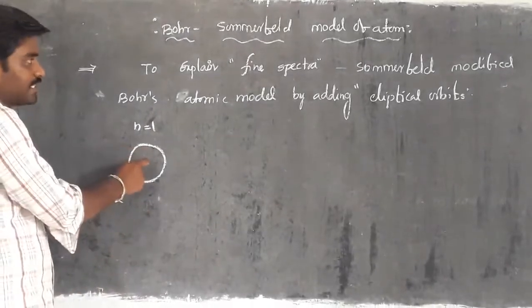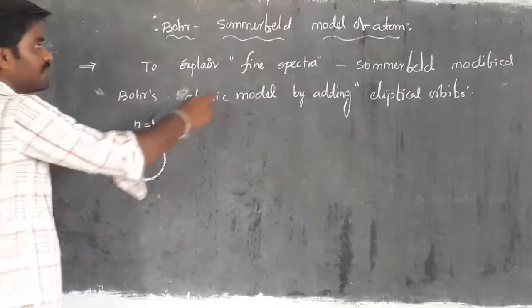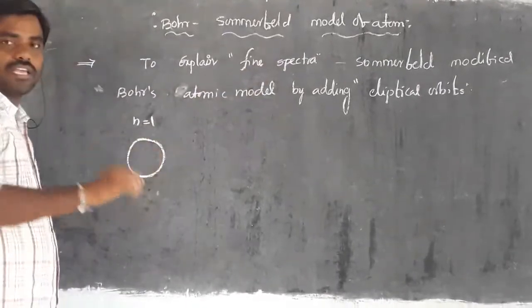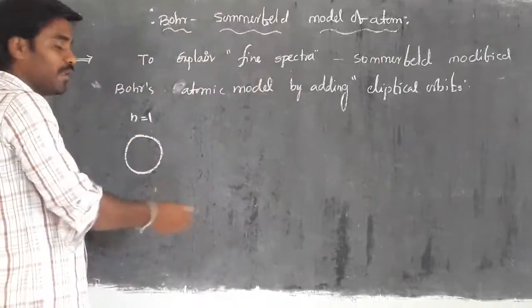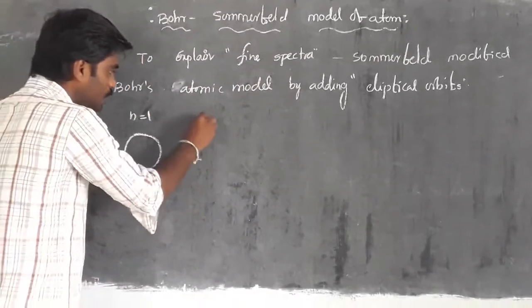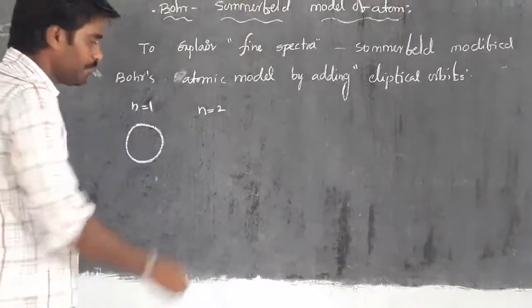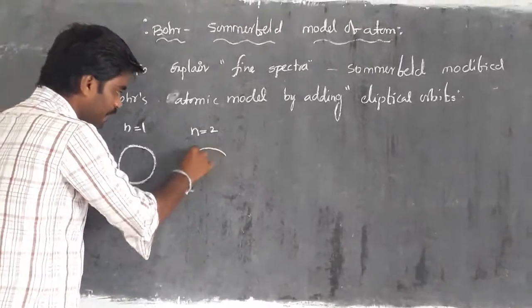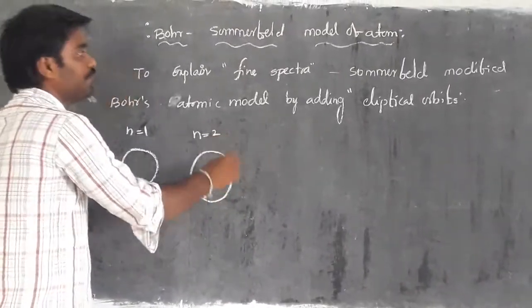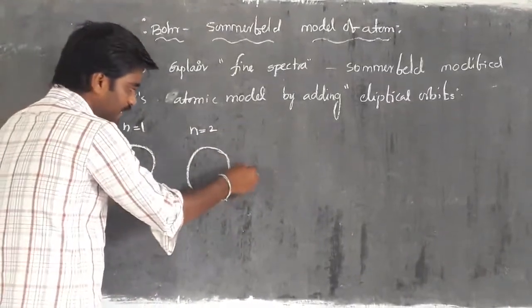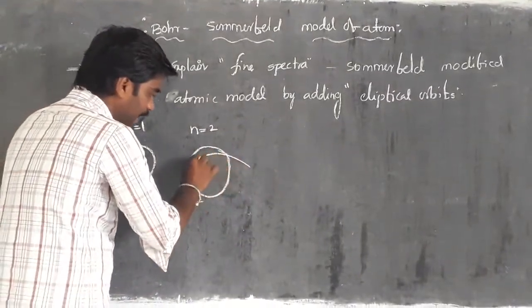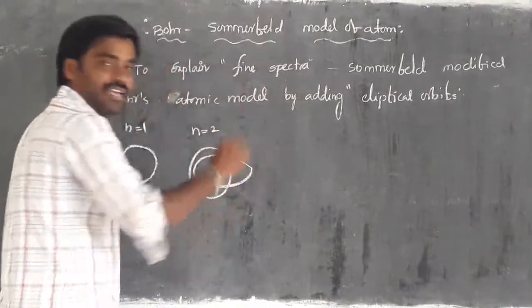For this, Sommerfeld is not able to allot any elliptical orbit for the first shell. But if you take n is equal to 2, the second one, it has one orbit like this, and another one elliptical like this.